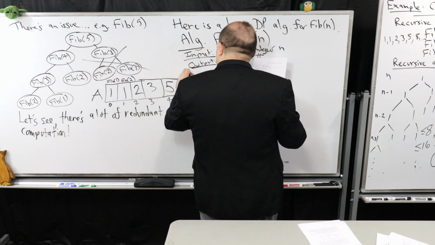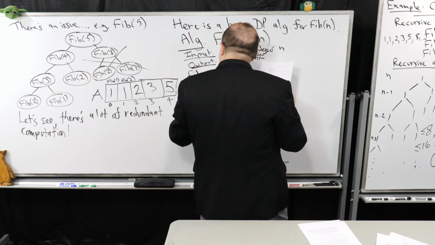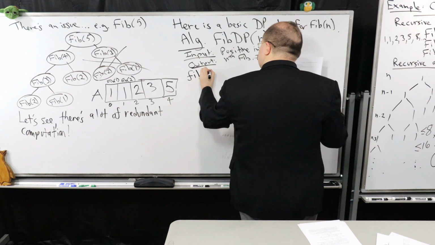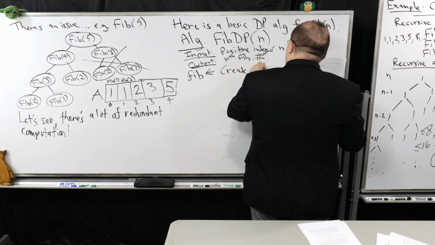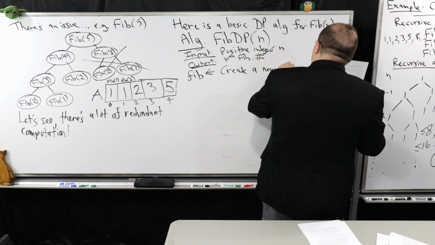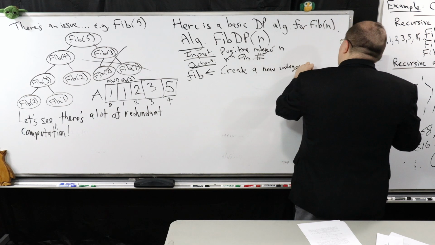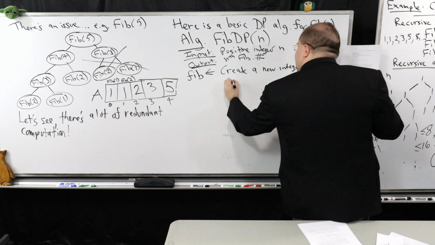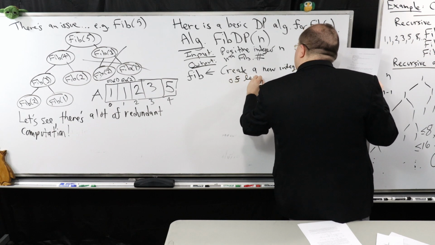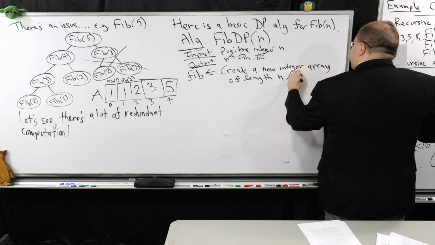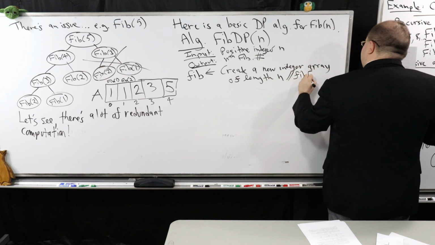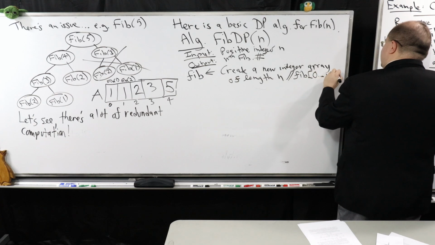I'll call this array fib, all lowercase like this. So create a new integer array of length n. Note that it's going to be indexed as 0 to n minus 1.